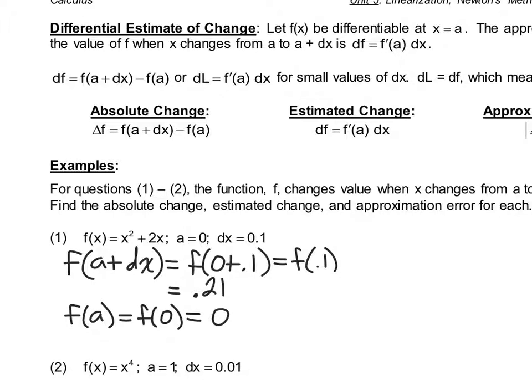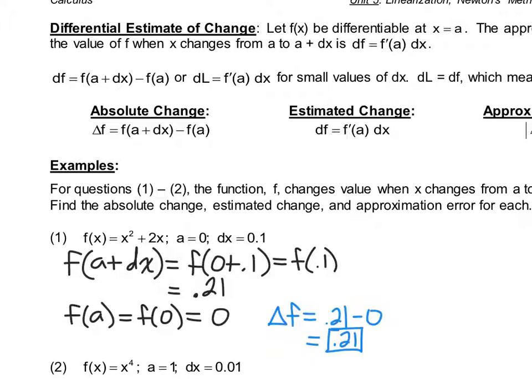So delta f, capital delta, is going to be 0.21 minus 0, which is going to be 0.21. And so what that tells us is the change in the function over this interval.